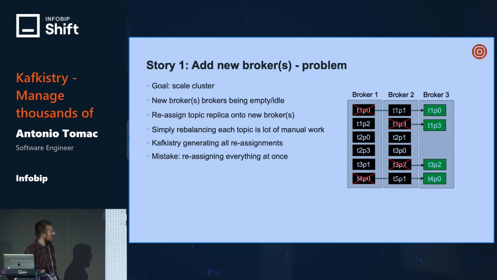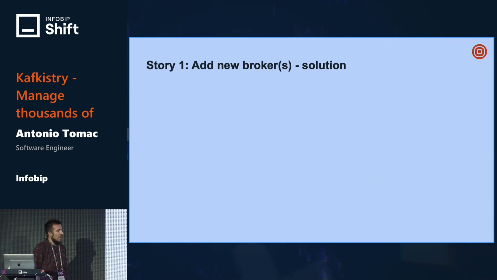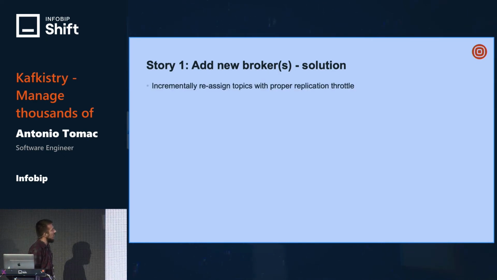And this caused a lot of stress on the cluster, even with appropriate throttling, because a lot of re-elections started to happen and a lot of writes on ZooKeeper, which rendered our cluster unavailable for a couple of minutes. And the proper strategy to attack this problem was to do it incrementally. And by incrementally, I mean rebalancing only subsets of all topics in one round.